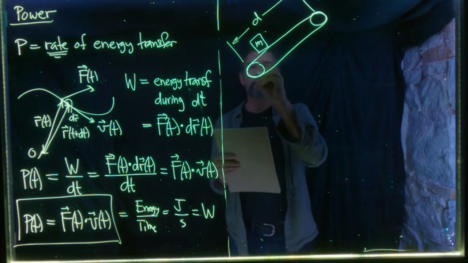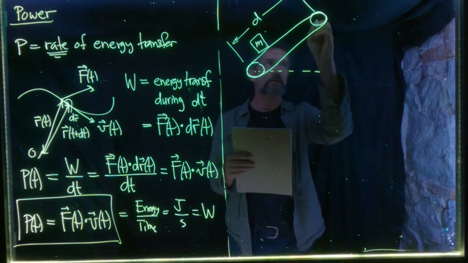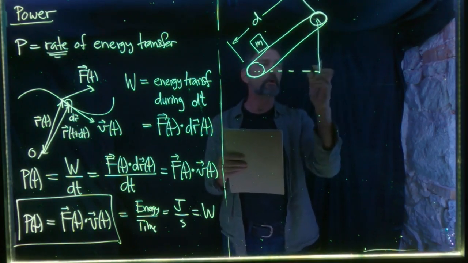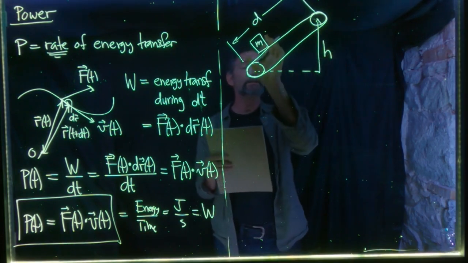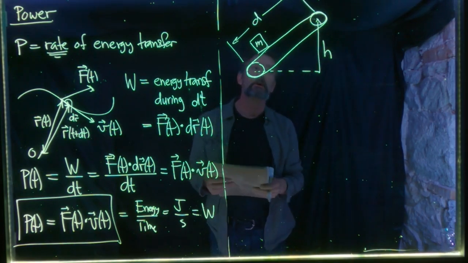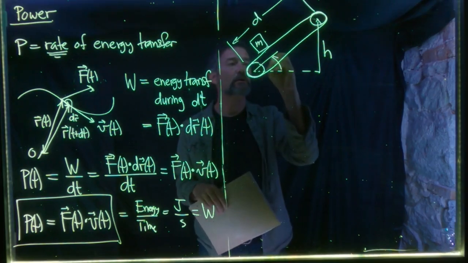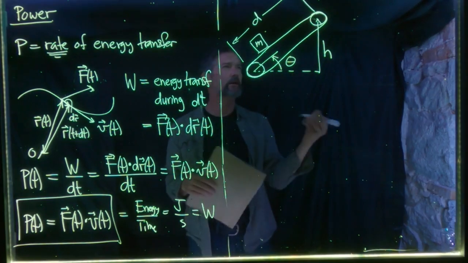And we want to raise this box through a height h, the height at the top compared to the bottom. There's also some horizontal displacement here, but we basically want to raise it a height h. And this angle here is theta.